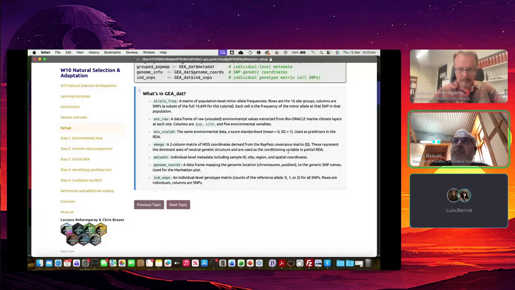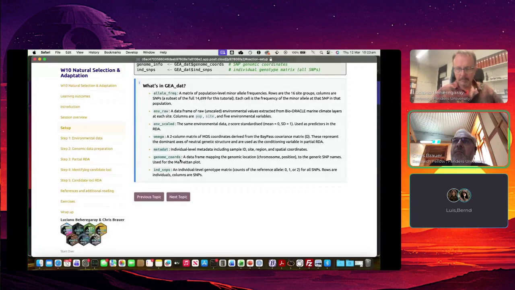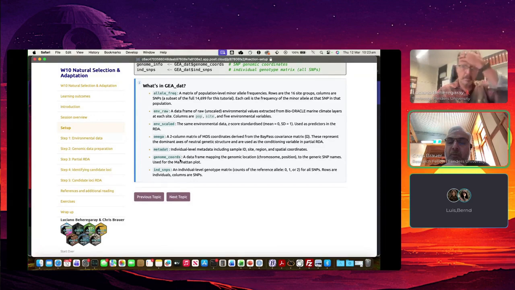In the last part of the session, we're going to generate a Manhattan plot to look at the location on the genome of our candidate loci. For that, we've got some information from a VED file, which ultimately came from a VCF file, about the genomic position of our SNP markers.